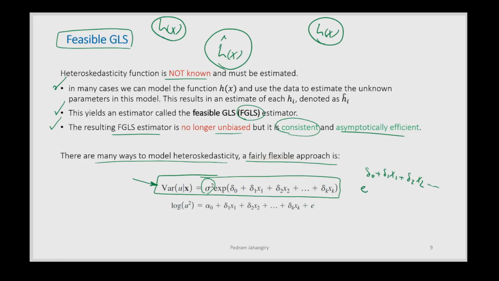And then from here, please remember, this is e to the power of something. If I take the log of u hat squared, so if I take the log of both sides, log of e to the power of something is going to be equal to that something. So the log of u squared is going to be that thing on the right.